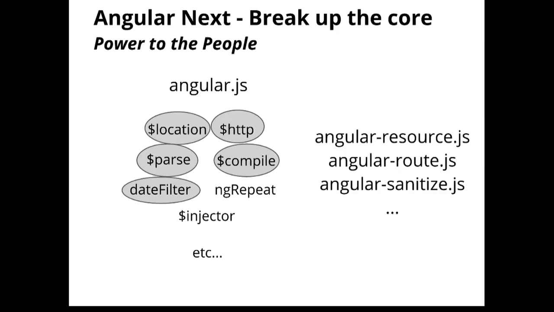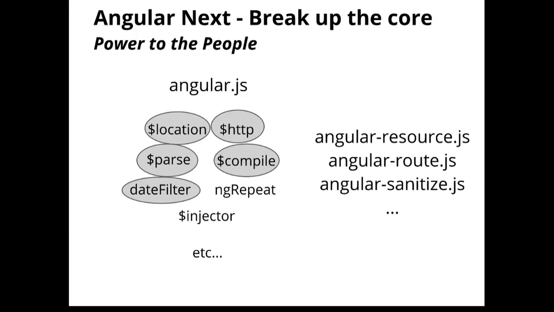This allows you to build the Angular that you need and have only those pieces that you need in your application. And it also allows you to take the pieces of Angular and mix them with pieces of different frameworks or different platforms like Node.